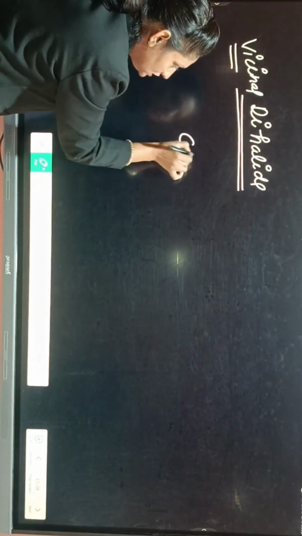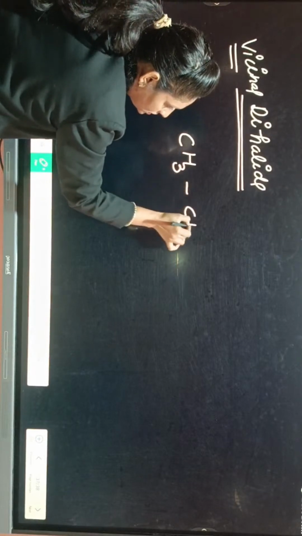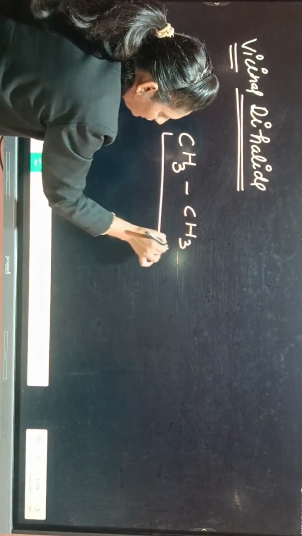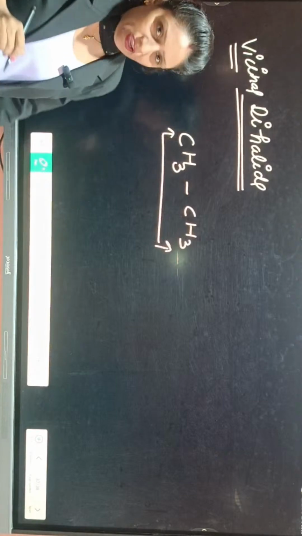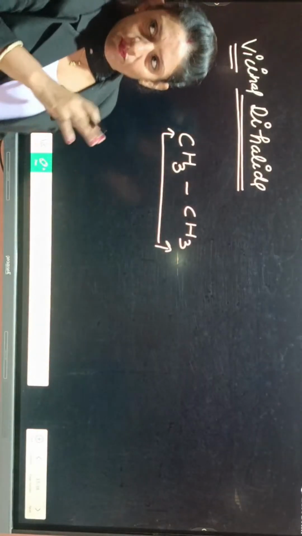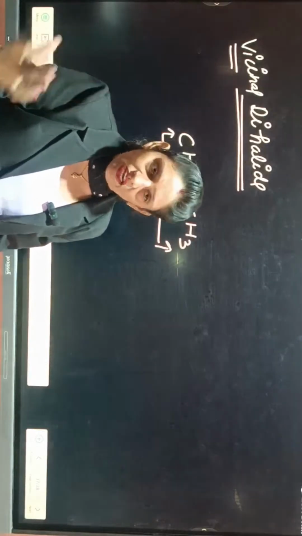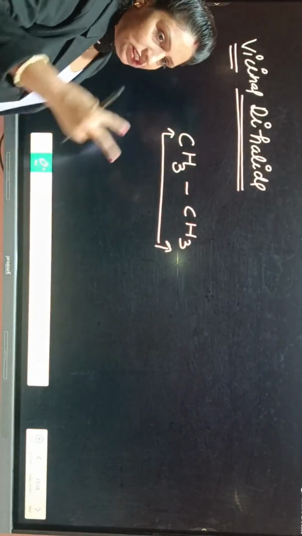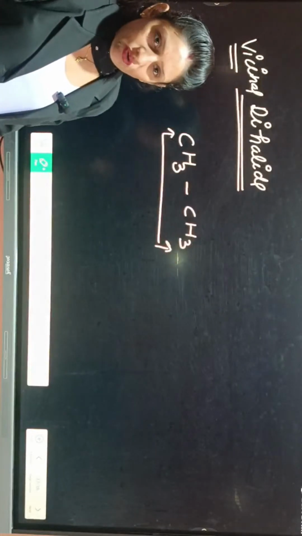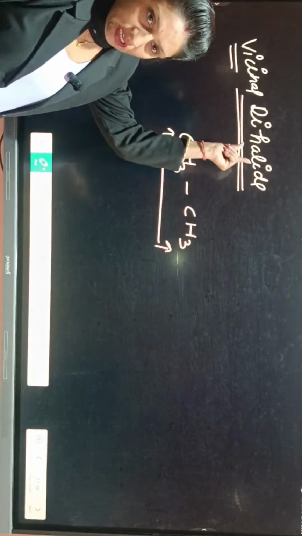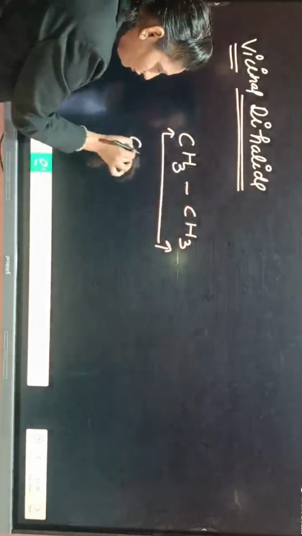First thing, this is an alkane, CH3. If hydrogen of an alkane is replaced by halogen, then they are known as halide. So students, I am replacing 2 hydrogens by halogen. Di means 2. Dihalide.